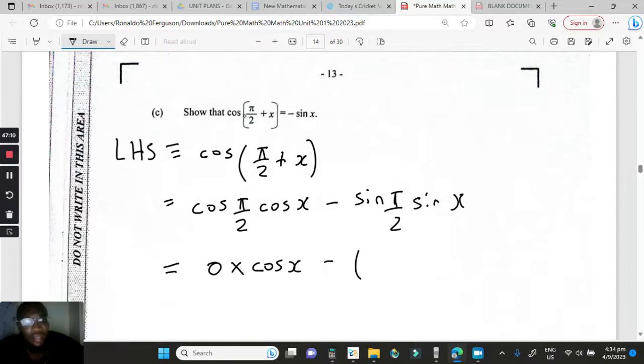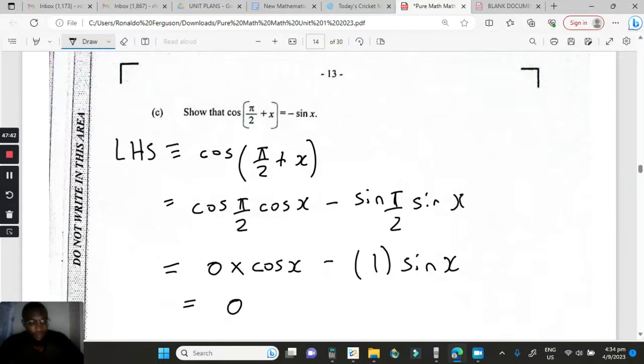Just to write here, just to make sure I have the right thing. So cos A plus B is cos, then we have minus sine, yes. And sine pi over 2 is 1. And then we have sine x here. 0 times cos x is 0. Then negative 1 times sine x is just minus sine x. Pen not writing. The mouse is moving, but the pen is not writing.